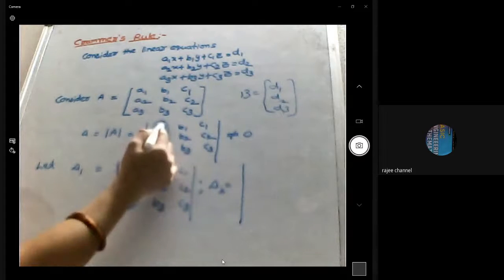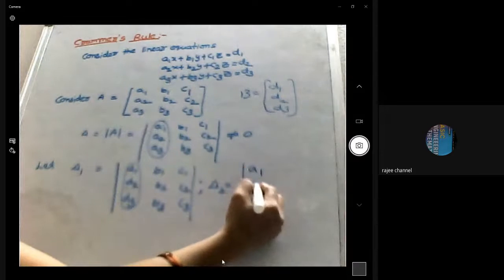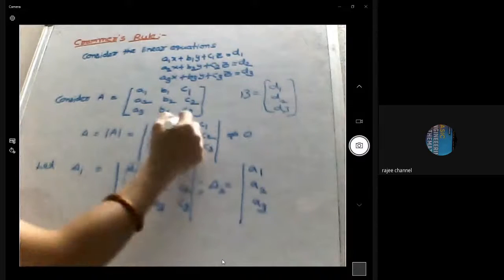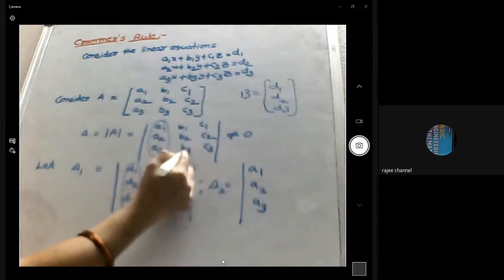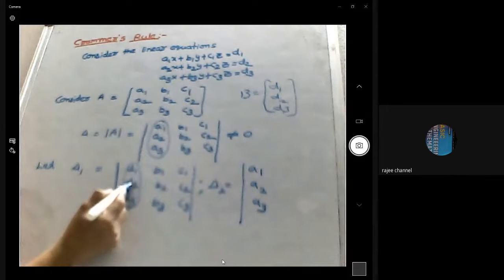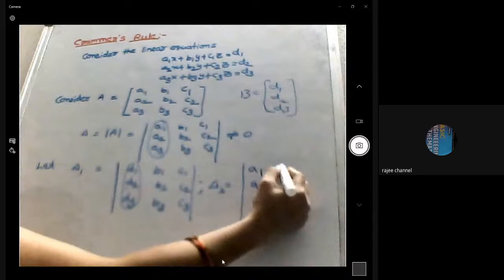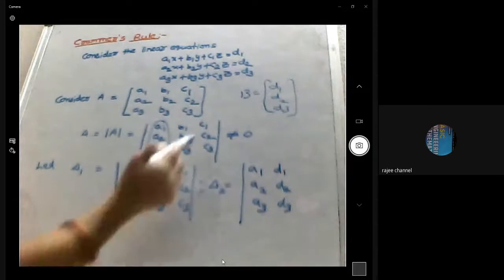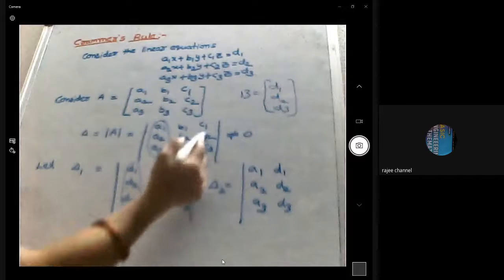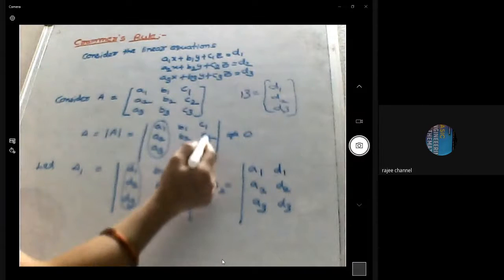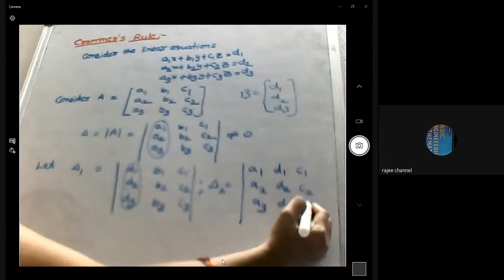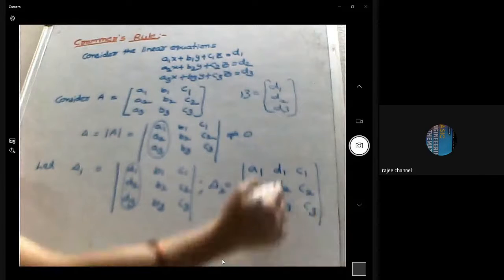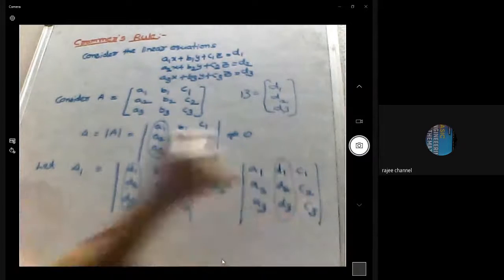The first column a1, a2, a3 is taken as is. The second column b1, b2, b3 is replaced by the constants d1, d2, d3. Next the third column is taken as is: c1, c2, c3. So that is delta 2.